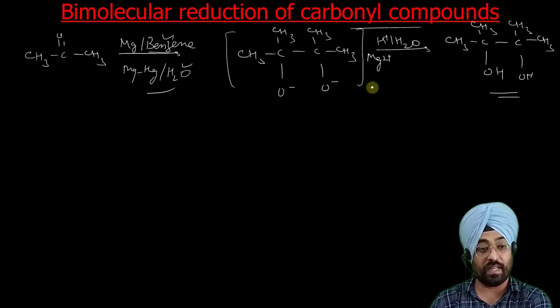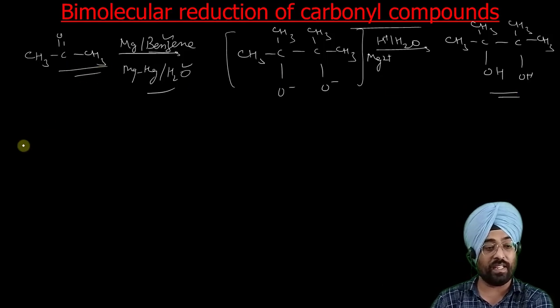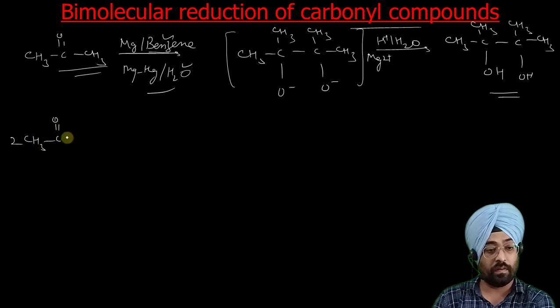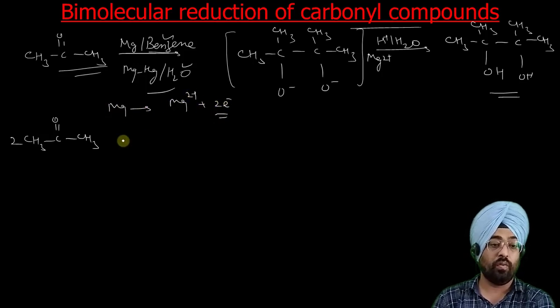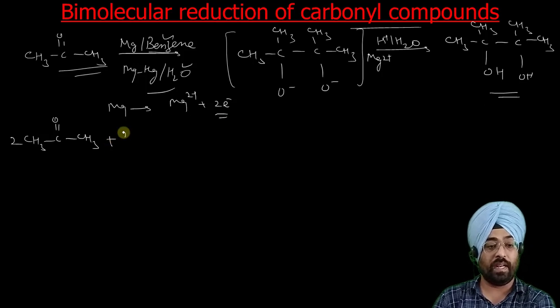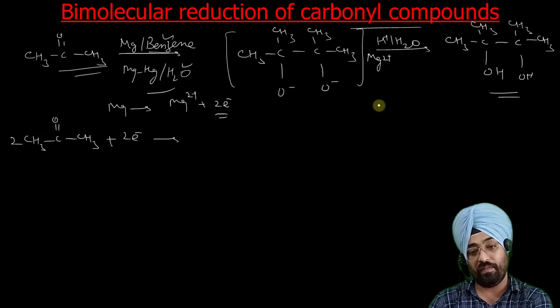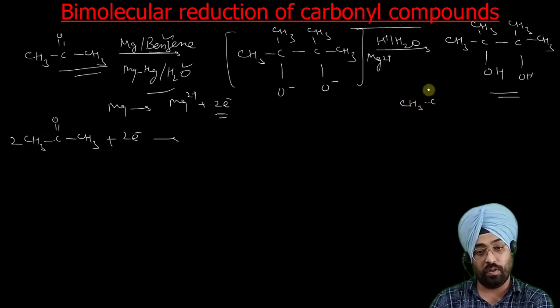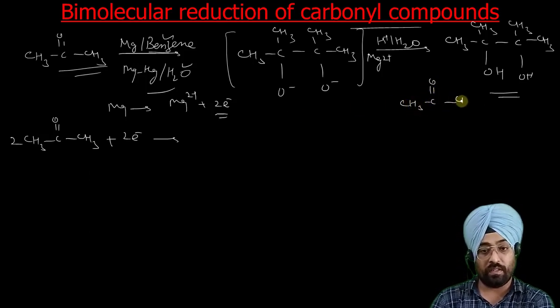Now let us try to understand its mechanism. Actually the mechanism is quite easy. Suppose we have two acetone molecules. If we add magnesium, magnesium gives Mg2 positive plus 2 electrons. Each molecule takes 1 electron. I will write here for one molecule, CH3COCH3.